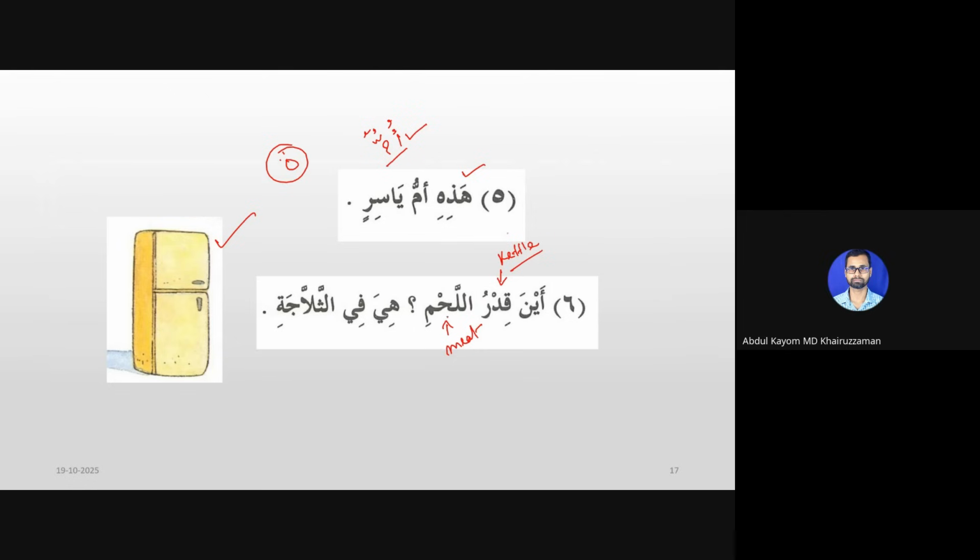So it means where is the meat pot? That means the kettle that has meat. The answer will be hiya fi thallajati. Hiya means it. It refers to kidr, because kidr is feminine. So hiya fi thallajati means it is in the fridge.